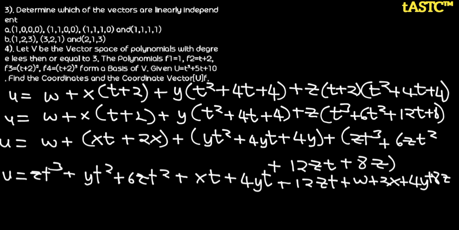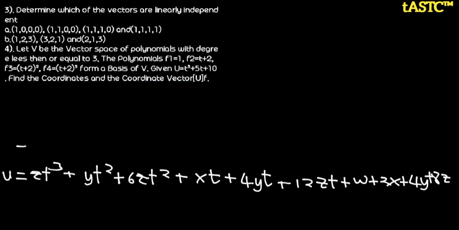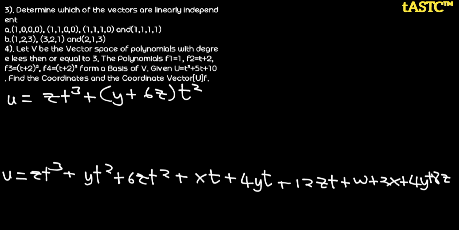Now we could factor the ones which are in terms of a t squared and the ones which are in terms of a normal t. So I think I could wipe these out. So u is equal to zt cubed plus y plus 6z, and that is t squared, plus x plus a 4y plus a 12z, and this is multiplied by t.